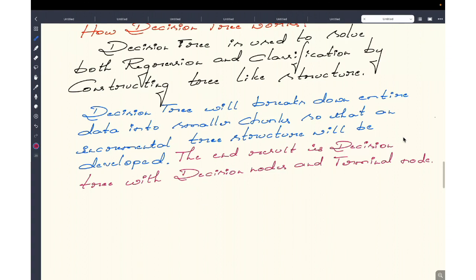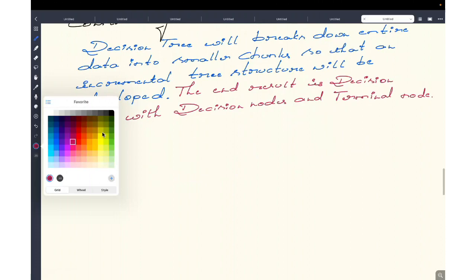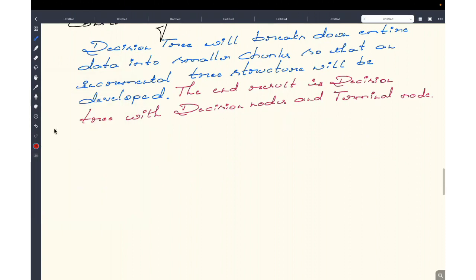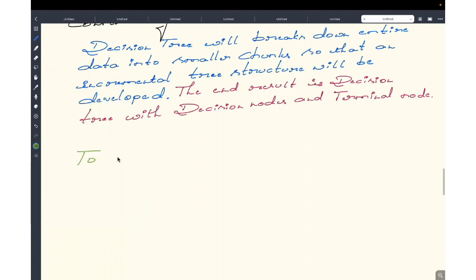To construct or develop a tree, obviously the root node is important, because as we saw, the tree structure always starts from a root node.